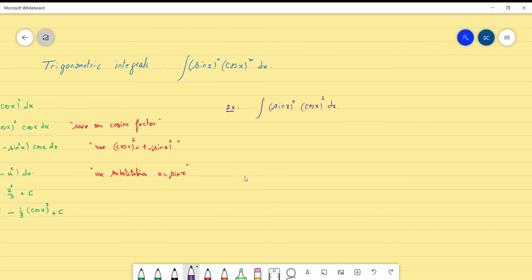Let's try to do as in the previous case. This time I will isolate one sine factor. So I will have sine x power 4 left, cosine x squared, and then sine x here. So we save one sine factor.